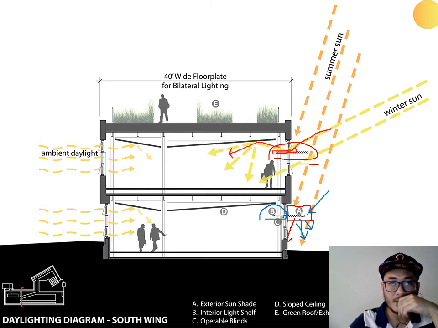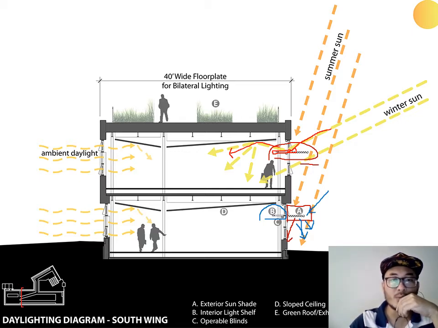And lastly, E here is the green roof. Why is a green roof installed on the top of this building? It is because of the sun again. The sun, as I said, gives heat together with light.